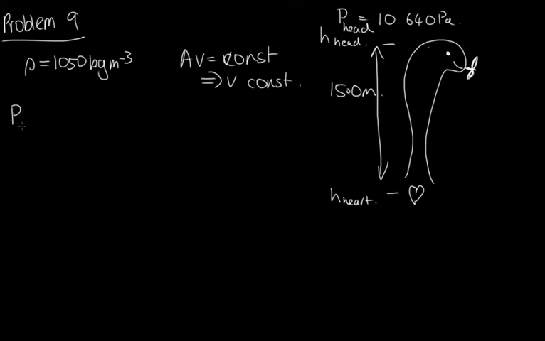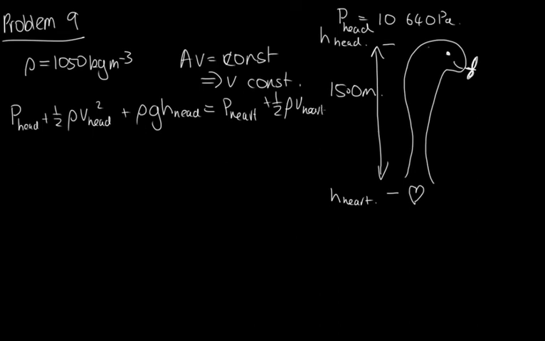We know that the pressure in the head plus a half rho V head squared plus rho g h, the height of the head, is equal to the pressure at the heart plus a half rho V heart squared plus rho g, the height of the heart.